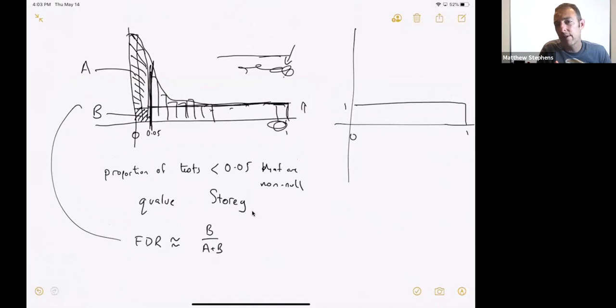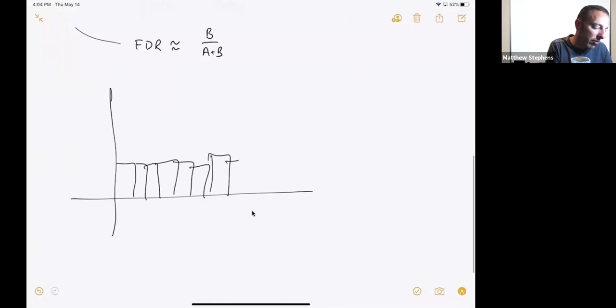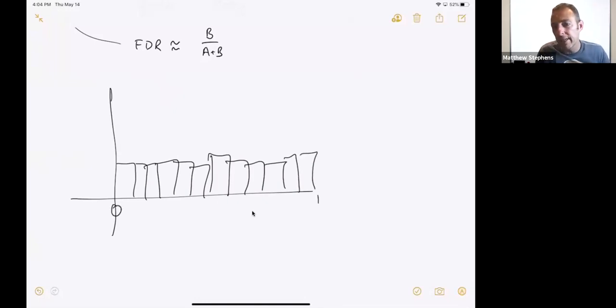So the beauty of this procedure, apart from being simple, is that it's adaptive to the results of your experiment. So for example, if you actually saw a histogram like this, it's a bit too good to be true maybe, but suppose you did an experiment and saw your results like this, and you drew a line here, and you asked, well, what's my estimated false discovery rate?